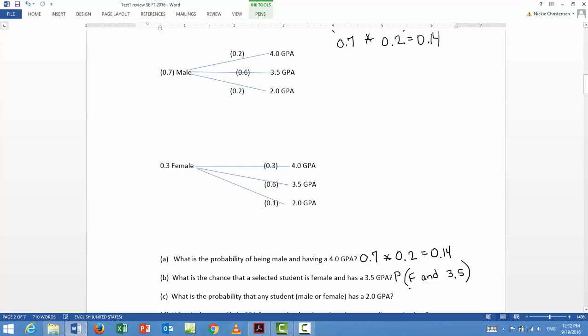I'll write it underneath. And means times. And the probability of a 3.5 GPA, here's 3.5 GPA, is 0.6 if it's a female. So that gives us an answer of 0.18.